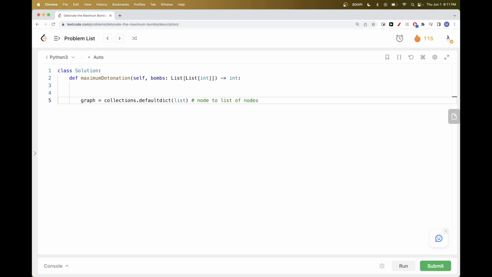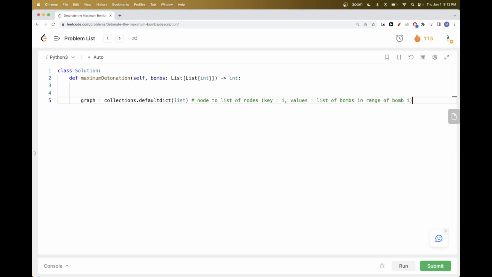So this is going to be basically i, which is the index of the bomb, to the list of bombs in its range. So i is the key, right? And then the values are going to be just the list of bombs in range of bomb i.